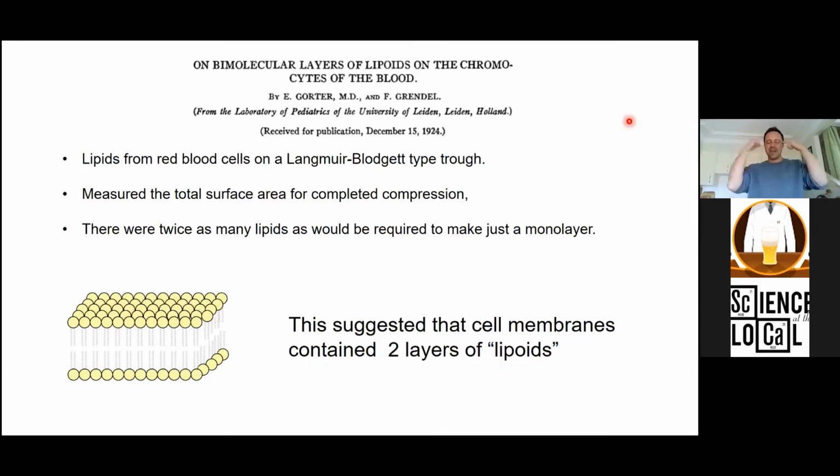And so that made them think, there must be a bilayer being formed. So there must be enough lipids here and enough lipids here to form a bilayer. Now, their experiments weren't very good and they got a few things wrong, but they just happened to be right. When it came to cell membranes, it is a bilayer. There are two layers going on.